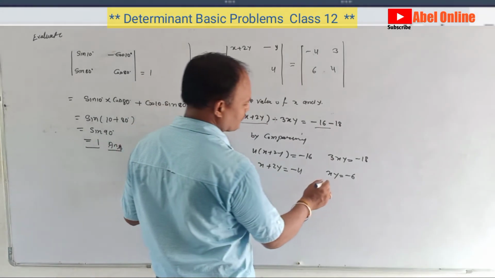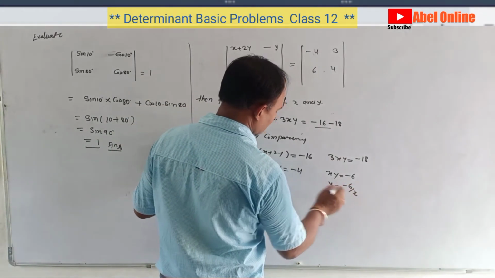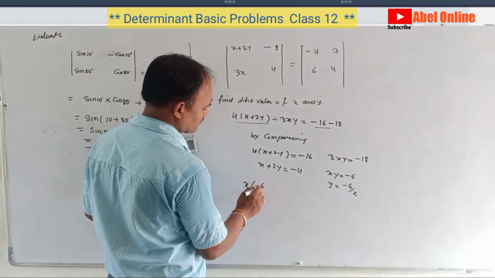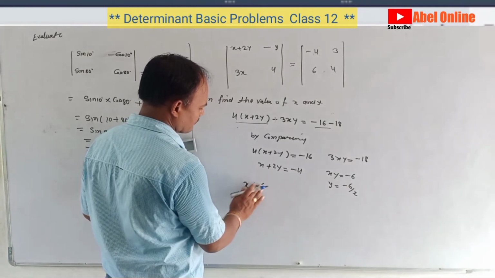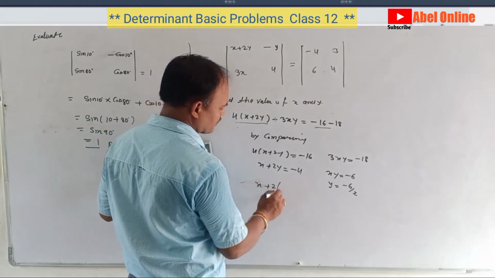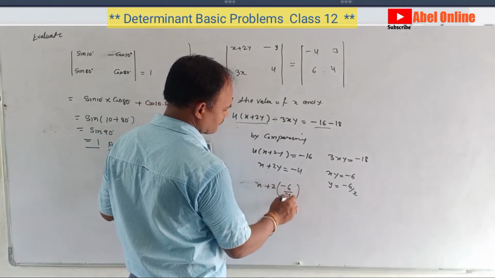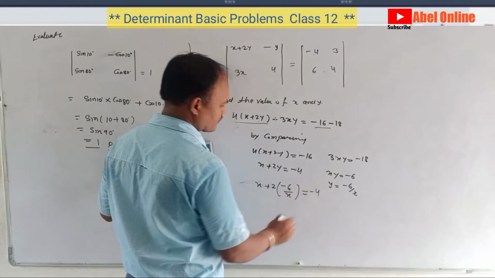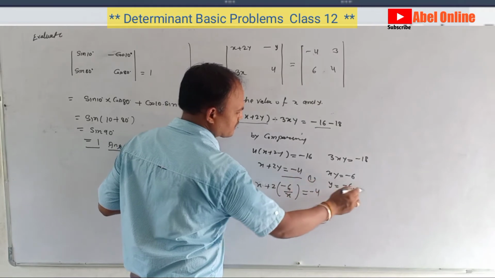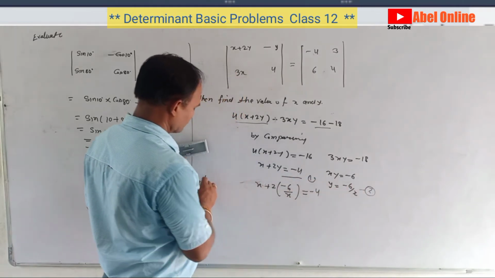Now the value of y equals minus 6 upon x. So put the value of y: x plus 2 times minus 6 upon x equals minus 4.